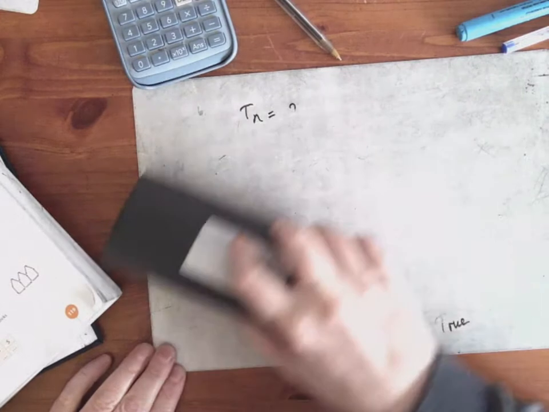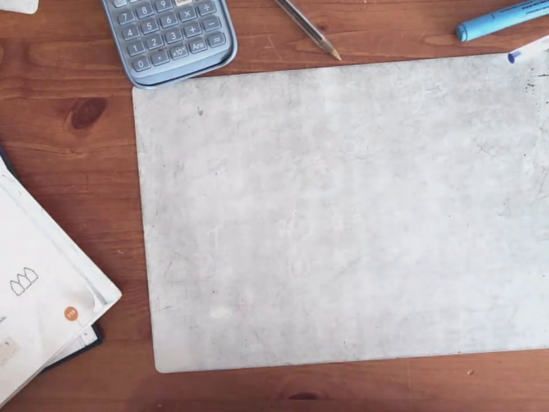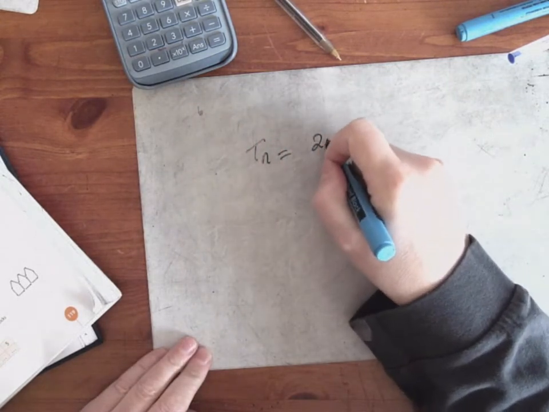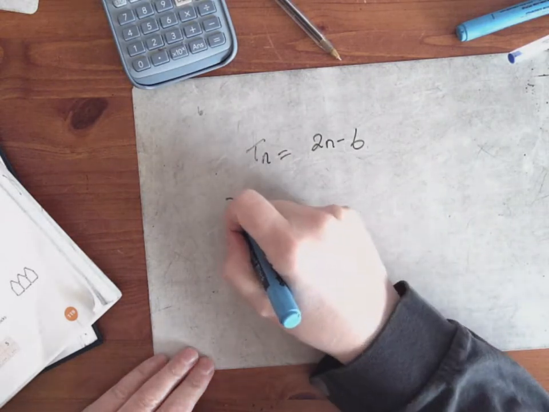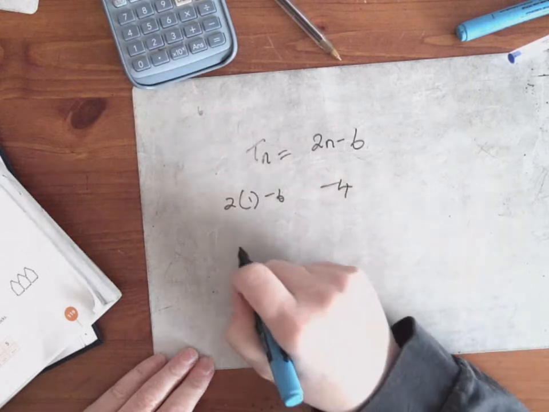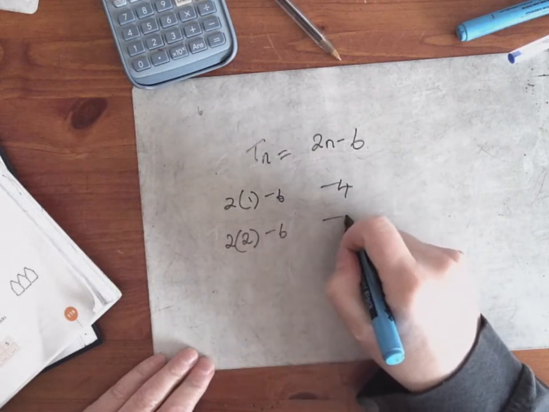No? Okay, great. So yesterday I said, here's Tn. If Tn was 2n minus 6, write me out the first few terms. You go 2 times 1 minus 6 is minus 4, so the first term is minus 4, and then 2 times 2 minus 6 is minus 2.